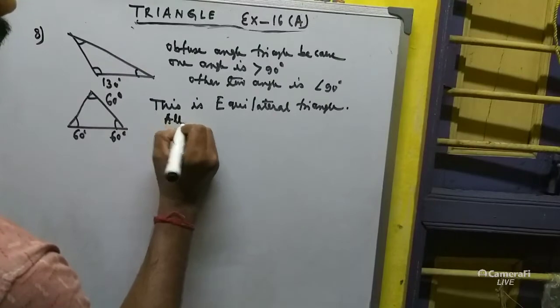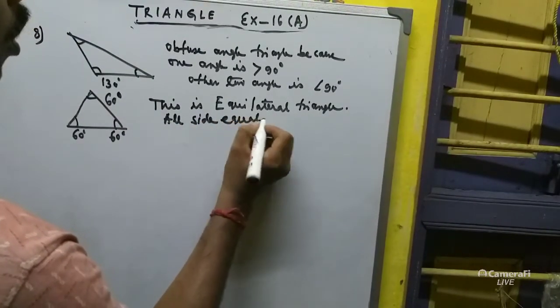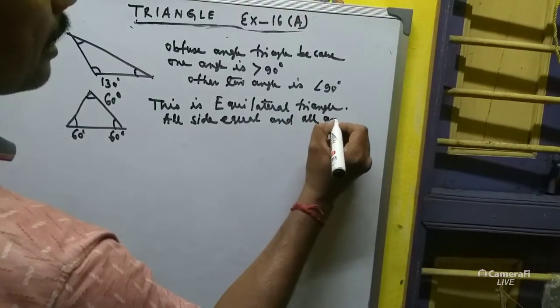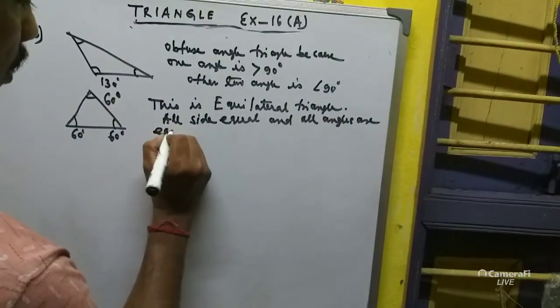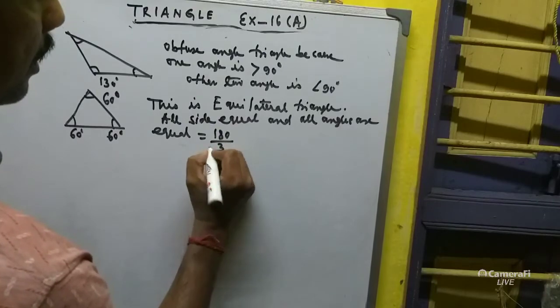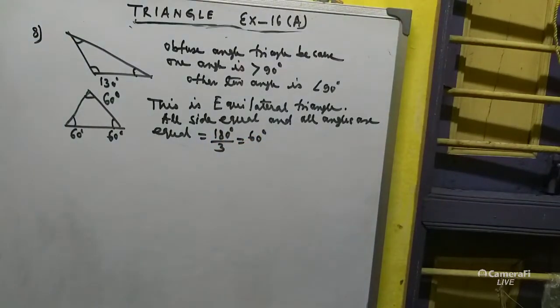All sides are equal and all angles are equal. Each angle is equal to 180 degrees divided by 3, equal to 60 degrees. So you know it.